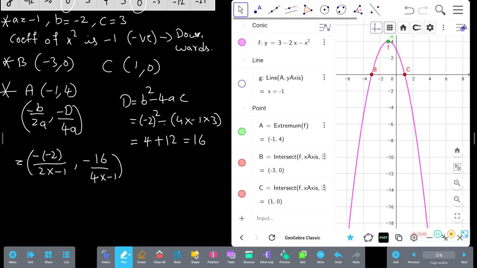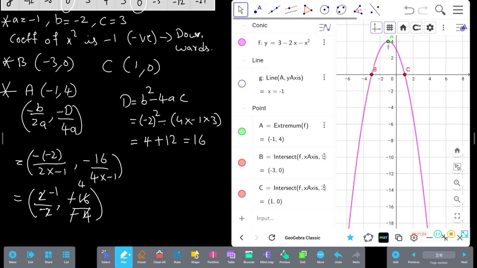Okay, so minus into minus is plus, so 2 by 2 into minus 1 is minus 2, minus 16 by plus into minus is minus, 4 1s are 4. So here we can cancel 2 and 2, you will be left with minus 1, minus minus cancelled, 4 4s are 16, right?